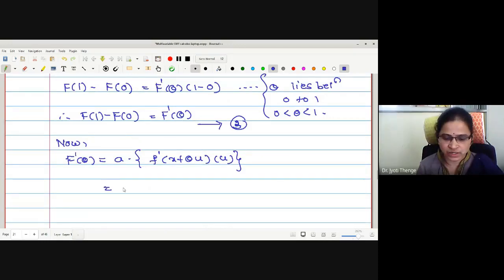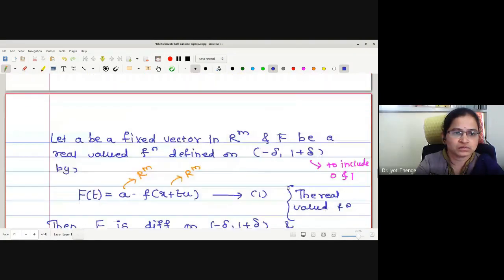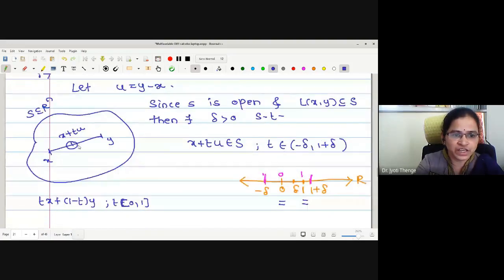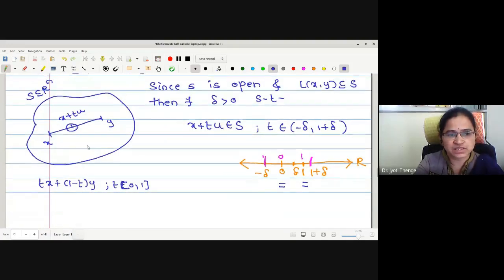Next step, let me assume x plus theta u to be some point z. What is u that we initially have taken? This is y minus x. Right? z is equal to x plus theta u. Now instead of x plus theta u, I have written z.